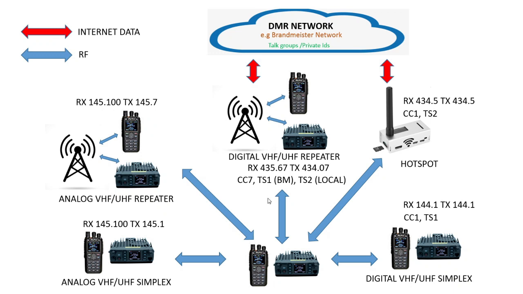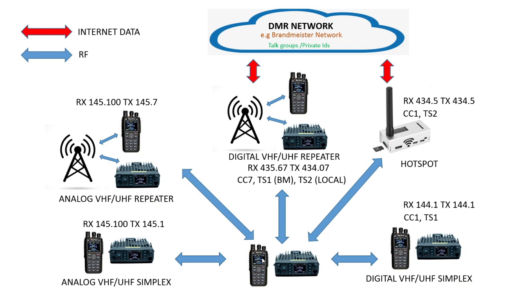The third way you may be using your radio is communicating through your digital repeater in your city. So, for example, in one of the cities in India, we have a digital UHF repeater.